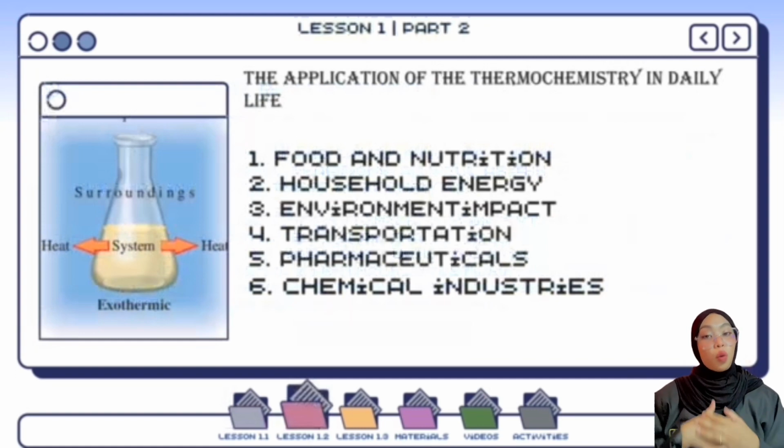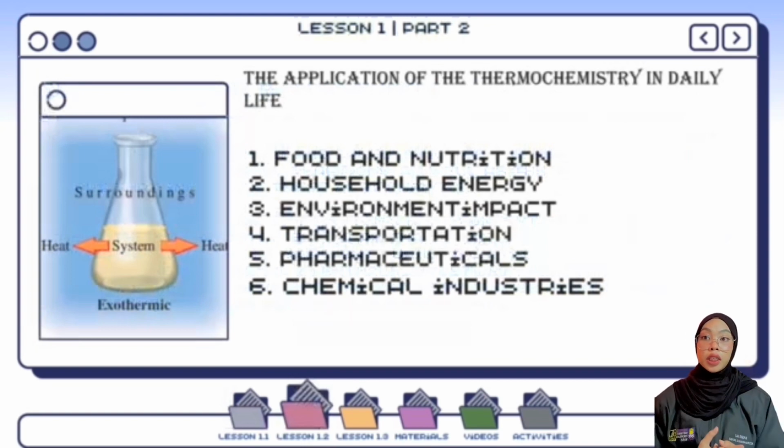Other than that, we also have chemical industries. Thermochemistry is integral to chemical production processes, then reaction kinetics and thermodynamics like optimization of chemical reactions, energy requirements like heat transfer and energy management, also product purification like distillation, crystallization, and extraction processes.